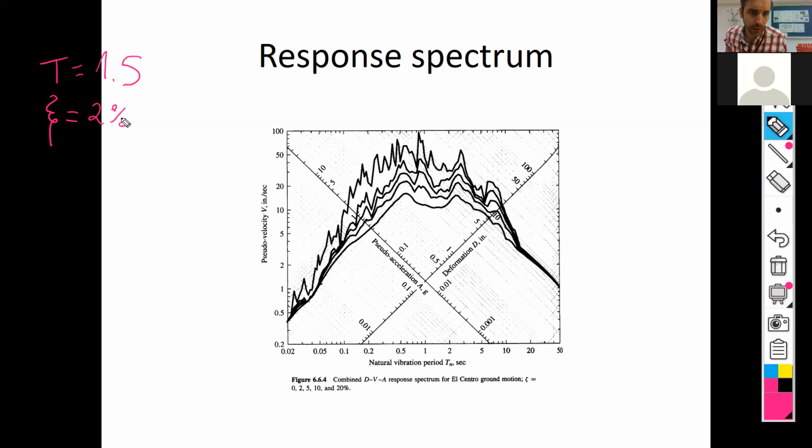Then for this given earthquake, we can find our 1.5 seconds, that is here, right? And the different curves here represent the different levels of damping. You can see here in the legend, we have 0% damping, 2% damping, 5, 10, and 20. So the 2% damping, which is the one we're interested in, is the second highest curve, right? Because the lower the damping, the higher the response. So I just draw a line here.